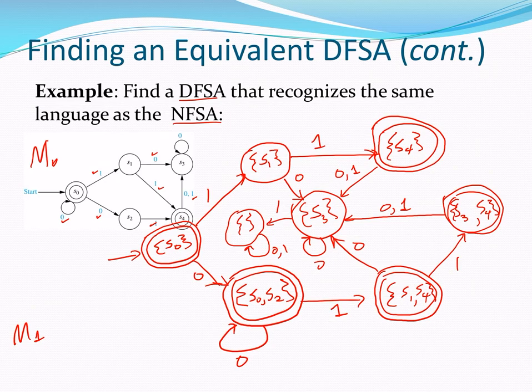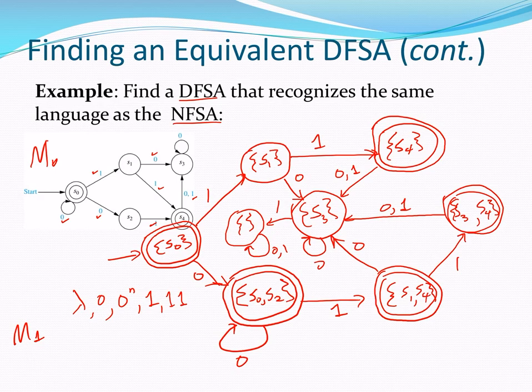It recognizes lambda because it starts in an accepting state, recognizes 0 because it goes to that next accepting state, and then it continues to recognize 0 to the n in that state, and it recognizes a 1, and then recognizes a 1, 1 after that.